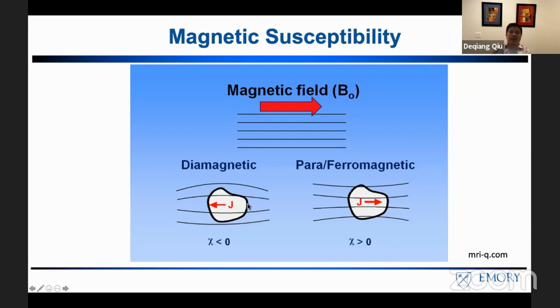Therefore, the net magnetic field within this object is going to be reduced or become smaller. And if the object is paramagnetic or ferromagnetic, then it's going to create a magnetization that's parallel to the external magnetic field. Therefore, the overall magnetic field is increased.